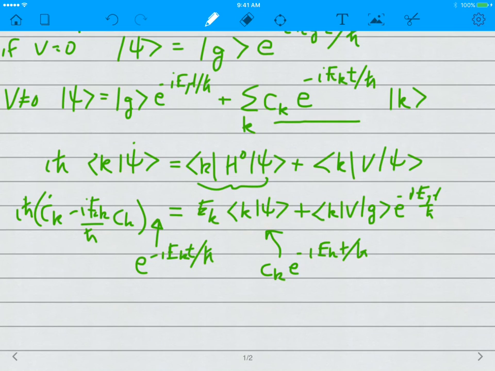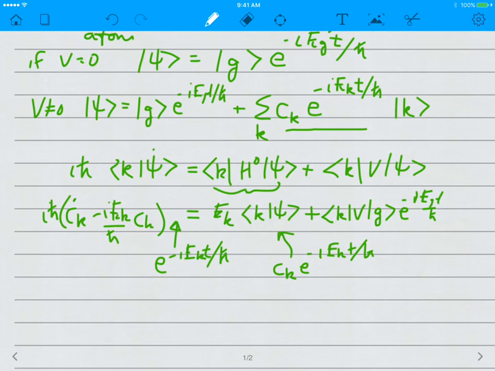And you can see the purpose of these e to the minus i E_k t over h bar terms is that these two terms are going to cancel. And so that gives us i h bar c_k dot equals V_kg.